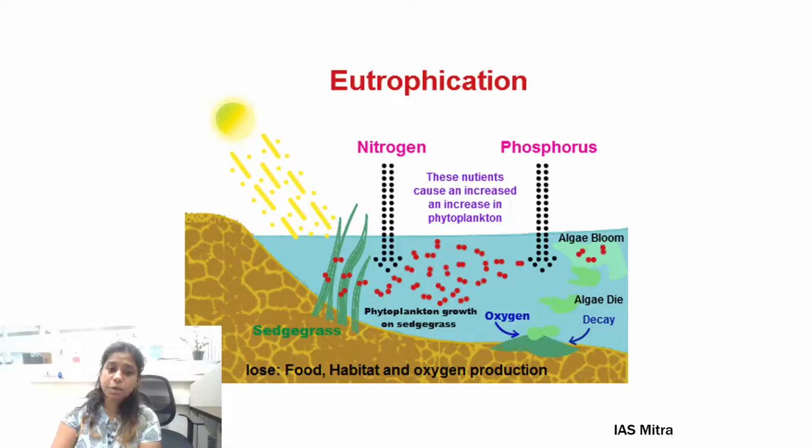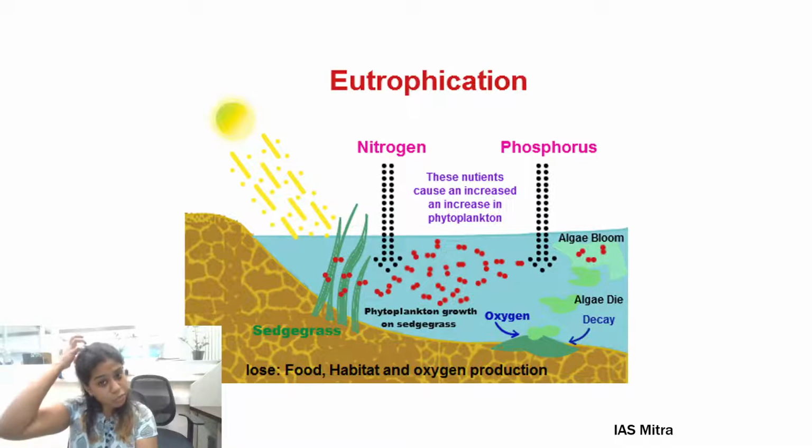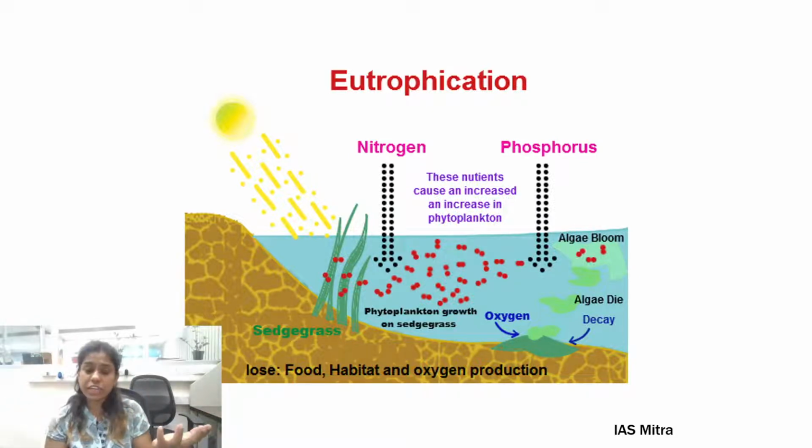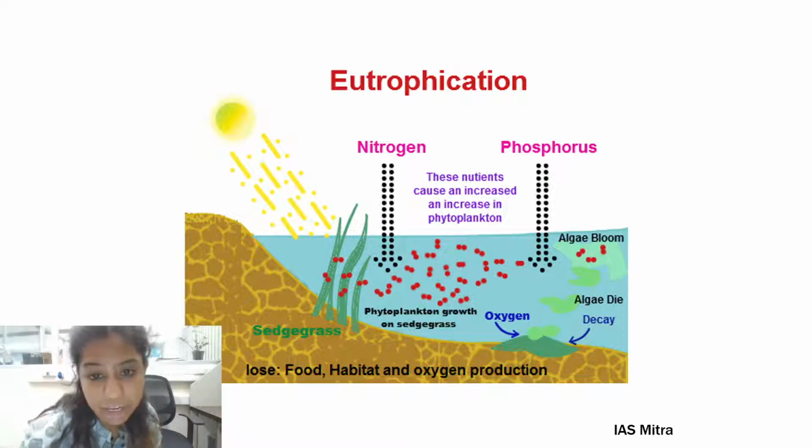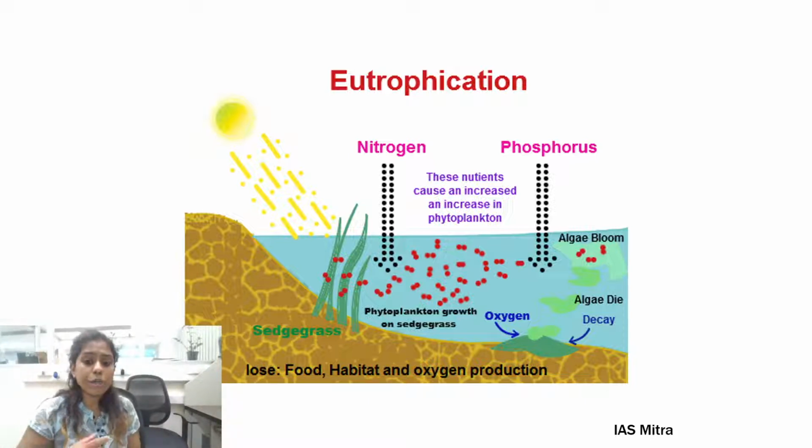The next thing is about the phosphate removal process and nitrate removal. But before that, we saw what eutrophication is in some of the previous sessions as well. This is caused by an enriched presence of nitrogen, phosphorus and other fertilizers.